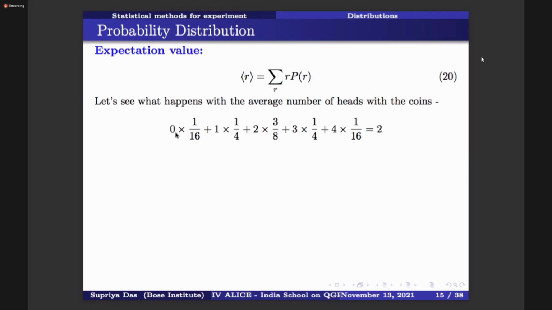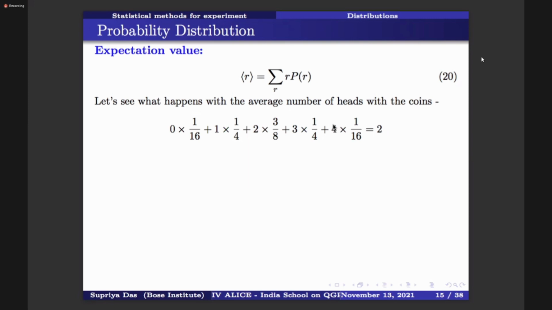So if you put the value R equal to 0, that is, you don't get any head, you have the probability 1/16. You get one head, you have the probability of 1/4. You get two heads, the probability is 3/8. If you want three heads and one tail, you have the probability of 1/4.